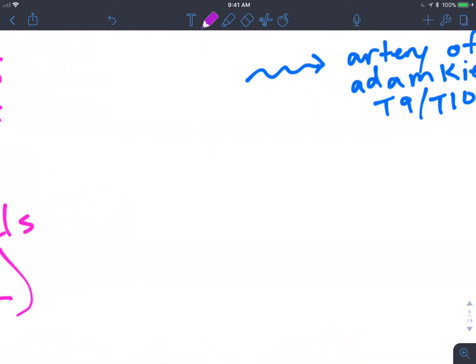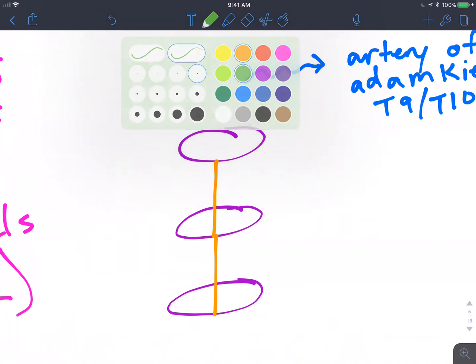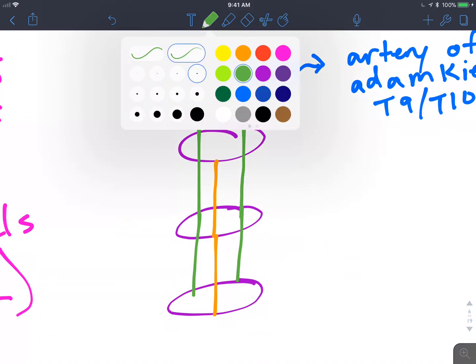It's because if I zoom in here and make a picture, so here's our vasa corona, vasa corona, vasa corona, right? Different levels there. We'll do orange for anterior spinal, all right? There's our anterior spinal. And we'll do green for posterior spinals, because then we can tell them apart a little bit easier, right? So there's our posterior spinals.